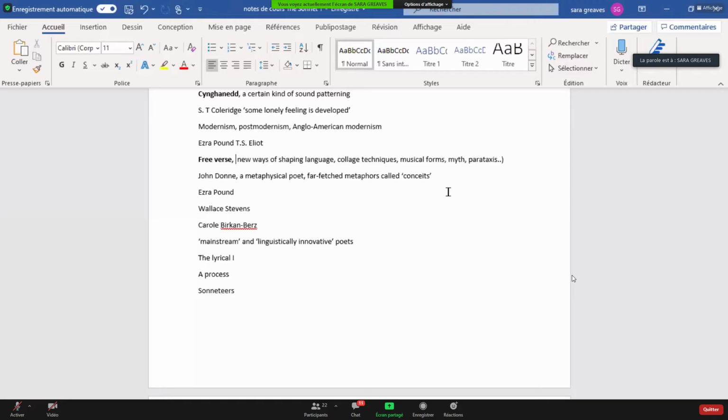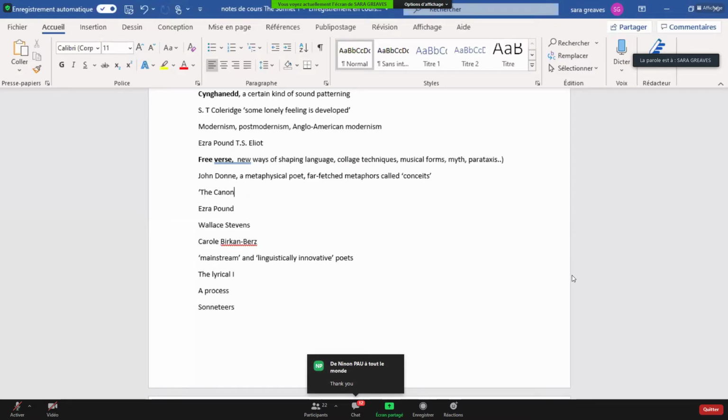John Fuller considers, oh, hang on, there's a question here from the poem by John Donne. Yeah, it's called The Canonization. It's stanza 4.